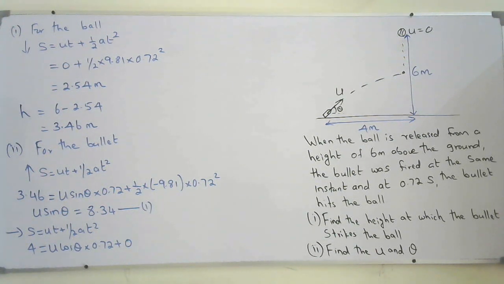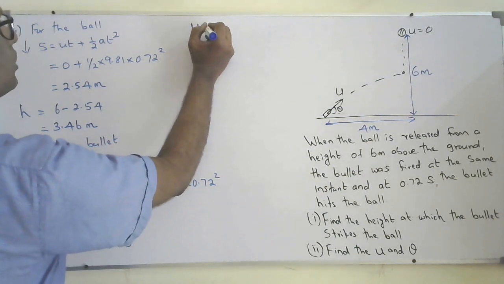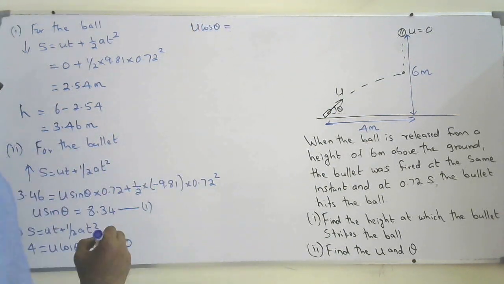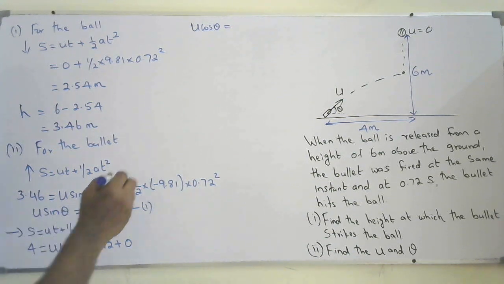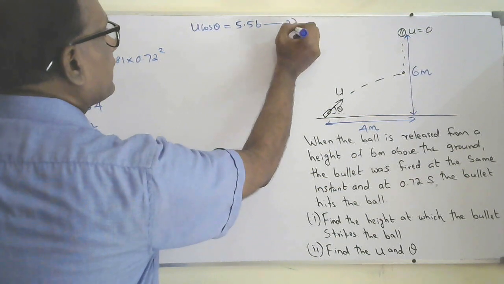From this I can find u cos theta. u cos theta will be equal to 5.56. Take it as the second equation.